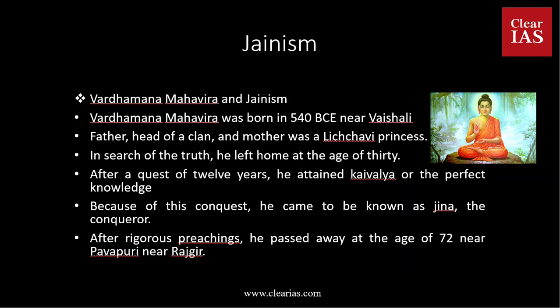Now, let us look at Jainism and the ways in which it prospered and was accepted by people. When we speak of Jainism, it was Vardhaman Mahavira who was born around 540 BCE near Vaishali. It is with Vardhaman Mahavira that Jainism is often associated, with a lot of prominence around his personality.